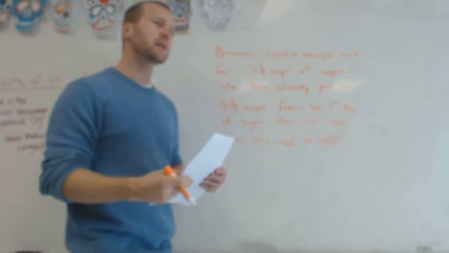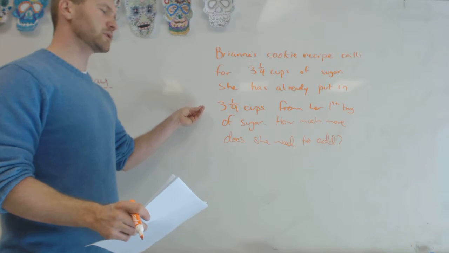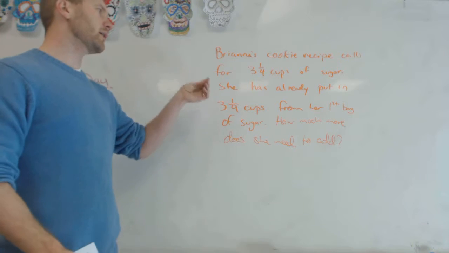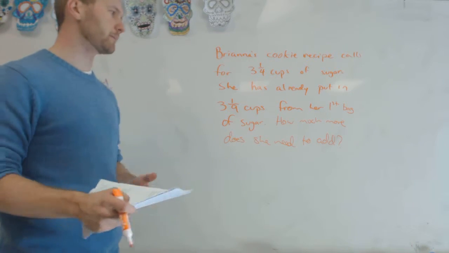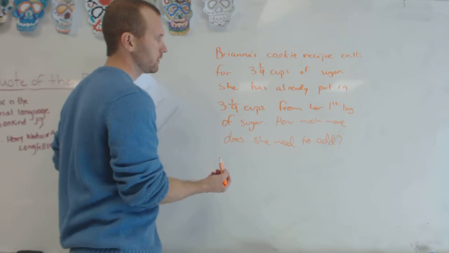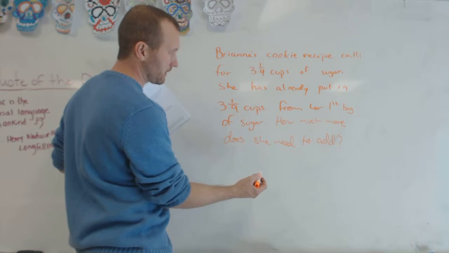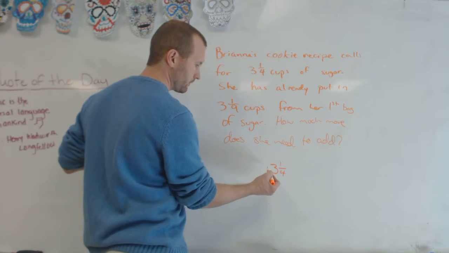So imagine you're making cookies, right? You use up one bag. Oh, there's only 3 1/9 cups. So now you need to figure out how much more you need when you go buy a new bag and open it up. So let's think about this. We know the total amount is 3 1/4, right?